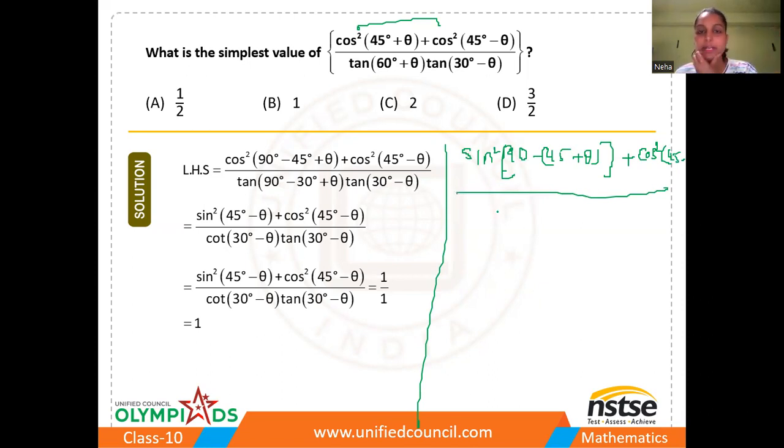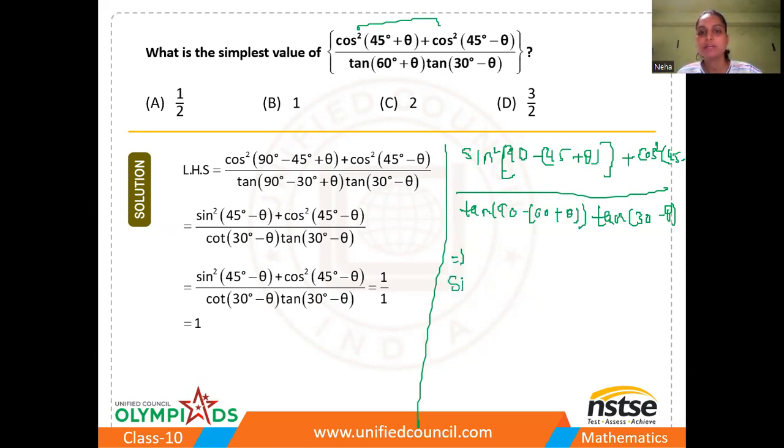Similarly, in the denominator, I can make it tan (90 minus 60 plus theta), right? And I can write it similarly tan (30 minus theta). Okay, you know the concept of complementary angle, so you can do it very easily. So this is now sin square (90 minus 45 minus theta).